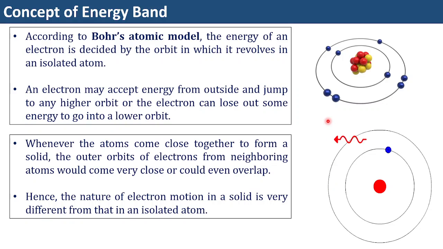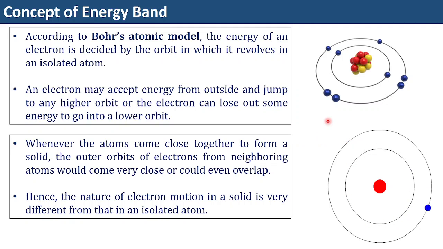Got it? Now these are discrete energy levels. For example, an electron can have an energy of the order of say 13.6 electron volt, or it can have an energy of 5.6 electron volt. There is nothing in between. You cannot have an electron with an energy of 4.8 or 4.2 electron volt. It is discrete. Either you have 13.6 or you have 4 or you have 5.2, say for example. There is nothing in between.